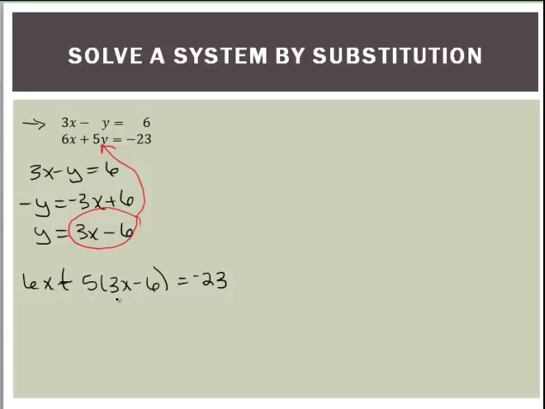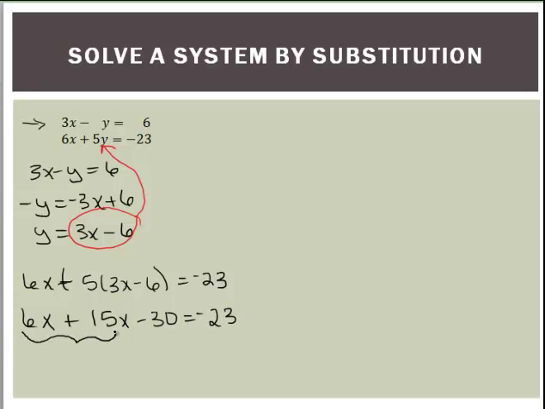I know that you've noticed a lot of times my negatives disappear, so I'm going to take a little time and make sure everything's still here. Okay, so we want to solve this for x, and we get 6x plus 15x minus 30 equals negative 23.